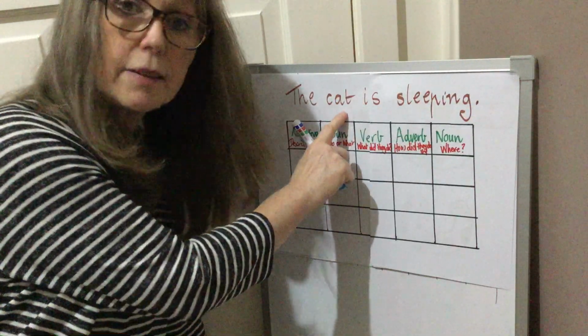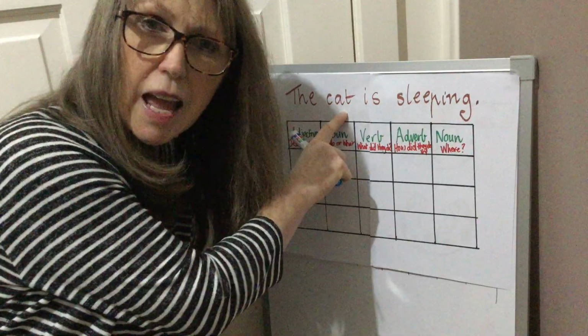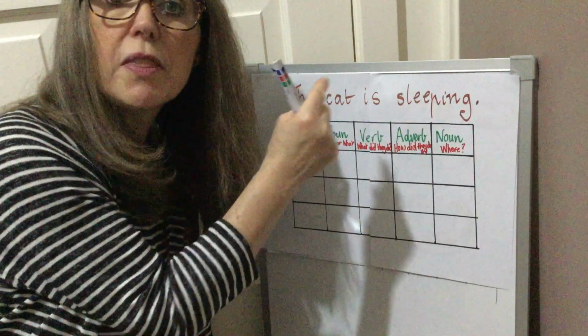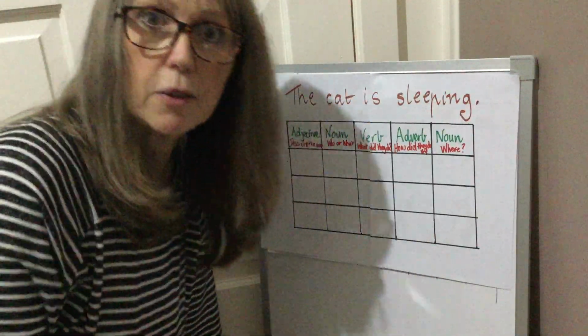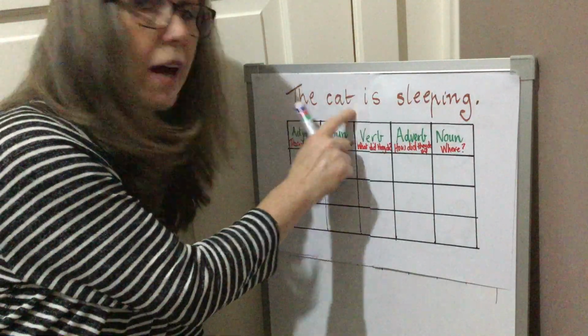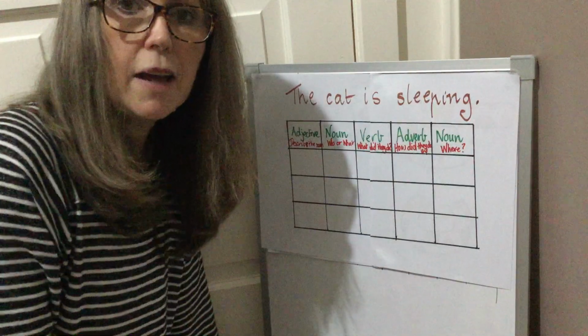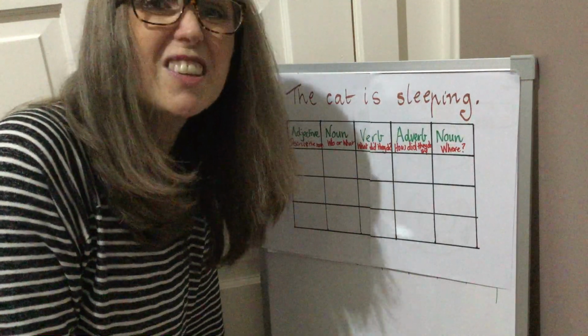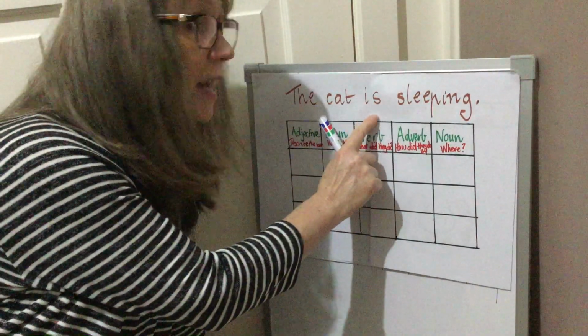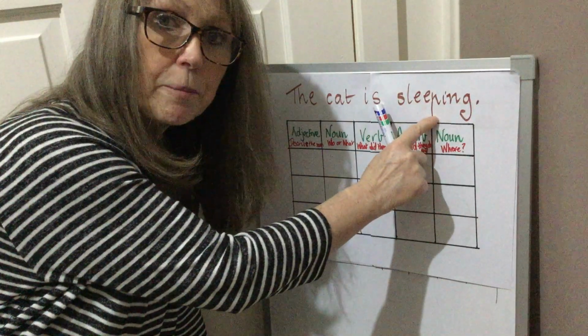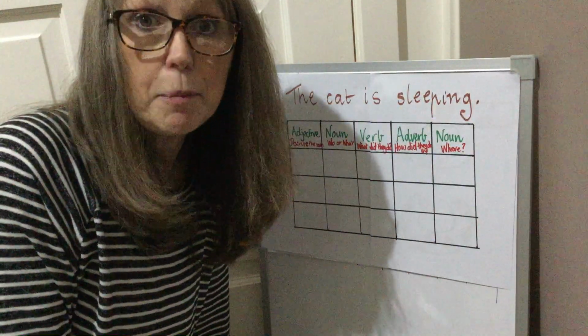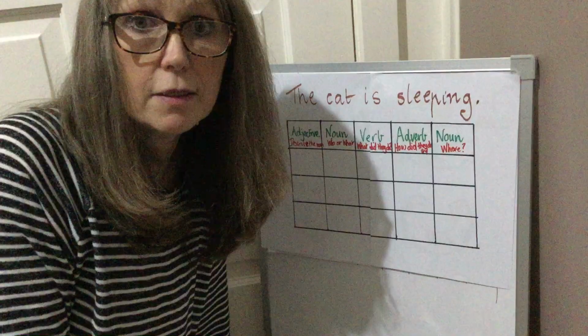It has a subject, that means a noun about whom the sentence is about. That's a bit tricky to say. So this is about a cat. It says the cat is sleeping, and then it tells us what it's doing. So it is sleeping. So the cat is sleeping is a complete sentence.